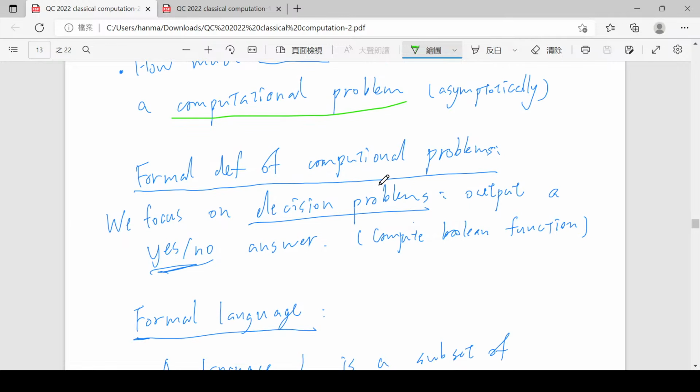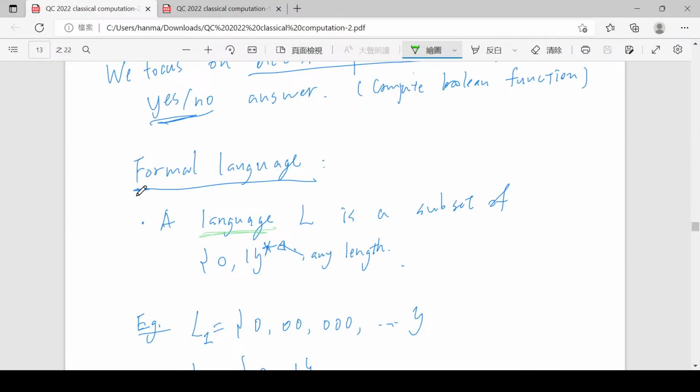In this very theoretical formulation, we think of a problem as a language, a formal language, and mathematically, a formal language is a subset of the set of strings of any length. So it's a subset of all strings.